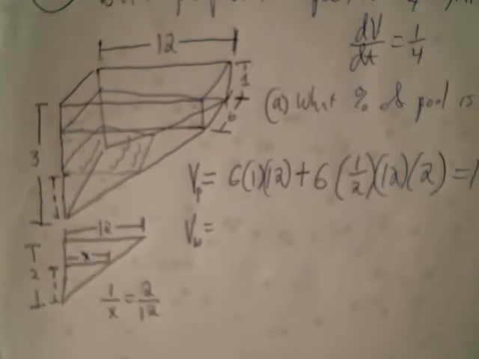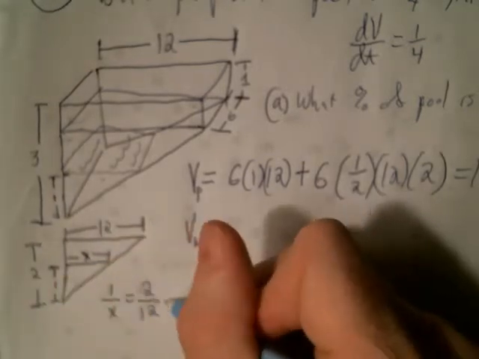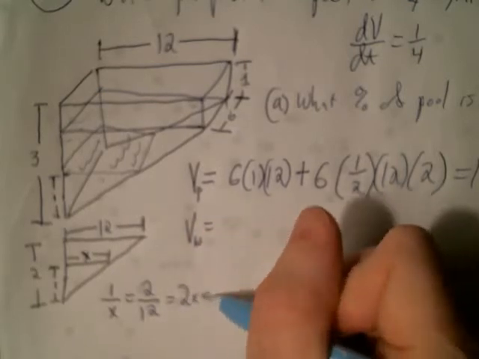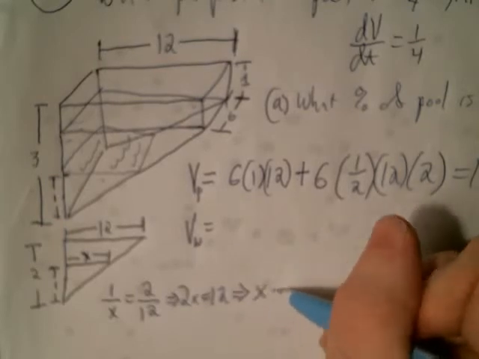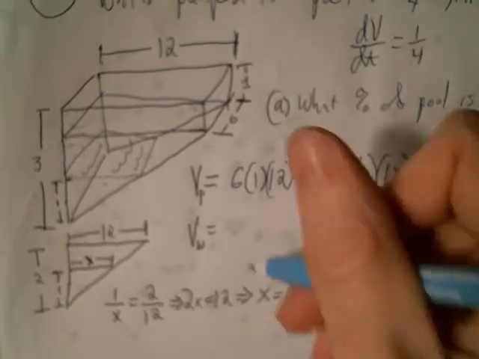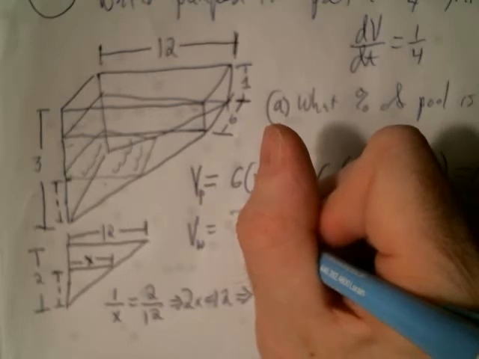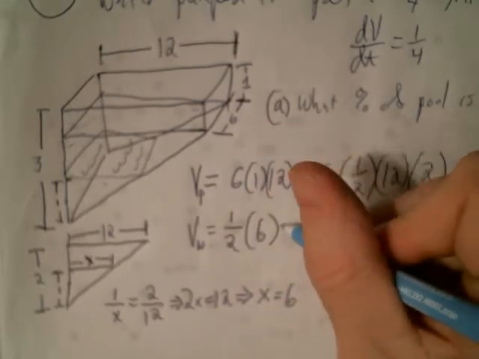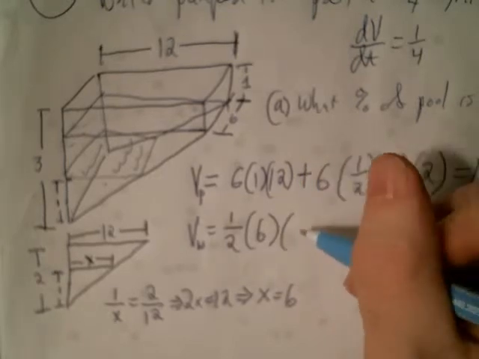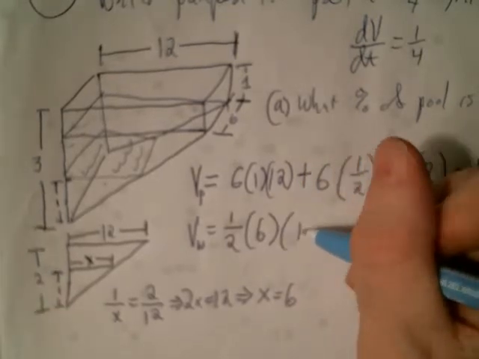This side is to this side as this side is to this side. Then cross multiply, you'll get 2x is 12, and that tells me x must be 6. So the volume of the water is 1/2 base, which is 6, times its height, which is actually the depth value, which is 1.